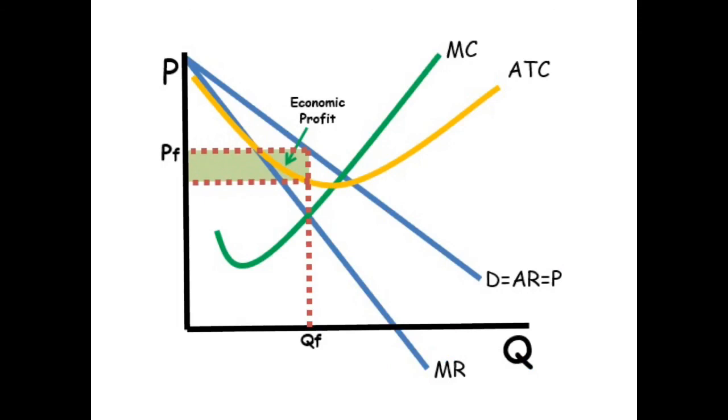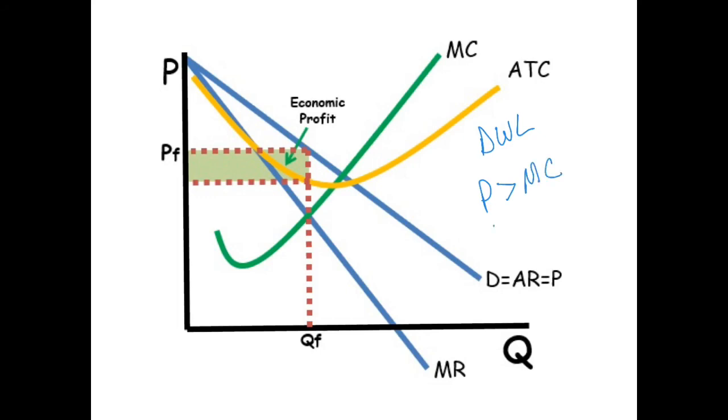The biggest concern for monopolies is that monopolies create deadweight loss. The reason that monopolies create deadweight loss are two things. One, price is set above marginal cost.